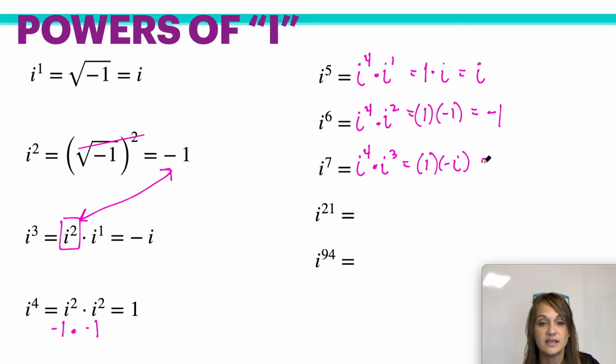So 1 times negative i is negative i. If you notice, i to the 3rd and i to the 7th are again the same. So what happens is the powers of i repeat every 4 exponents.